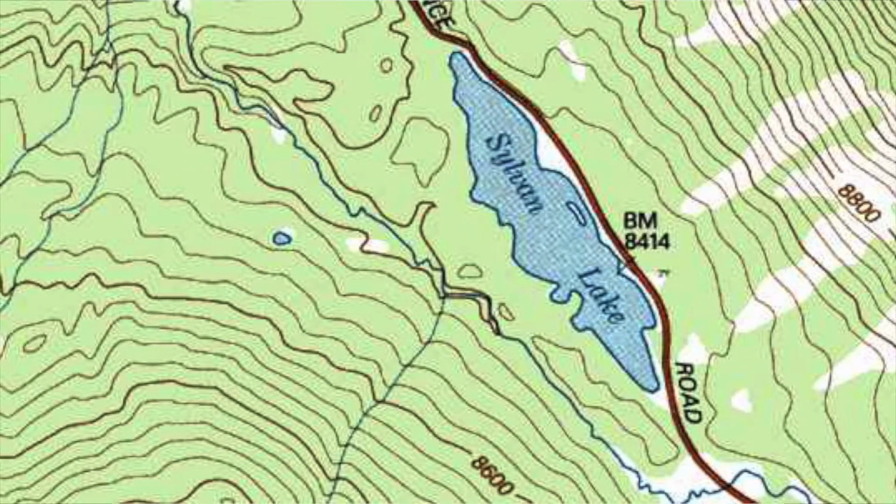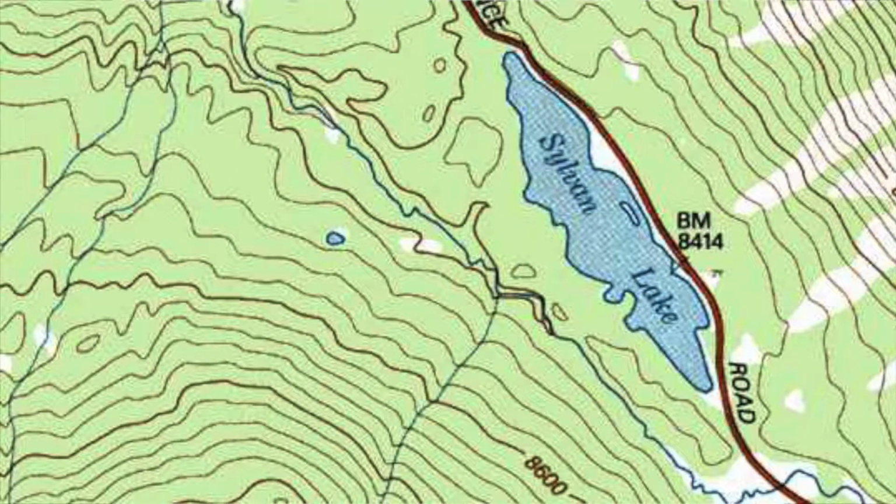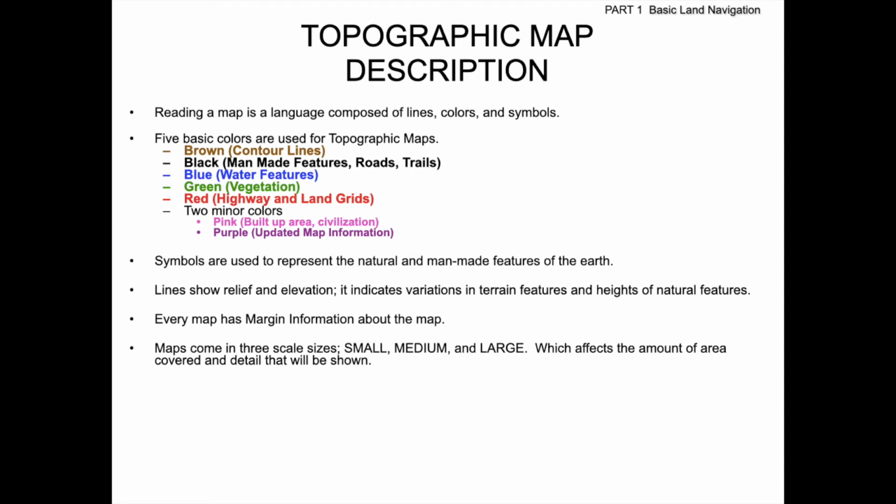So if you're doing land nav and that sort of thing, it'd be to your advantage to have the large grids. A map is read for 4 basic kinds of information: direction, distance, position, and identification.